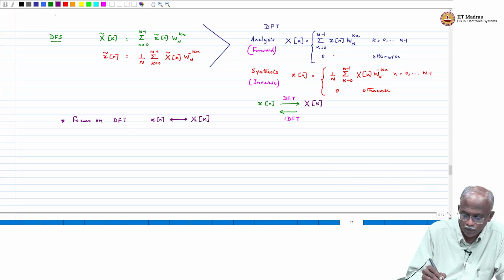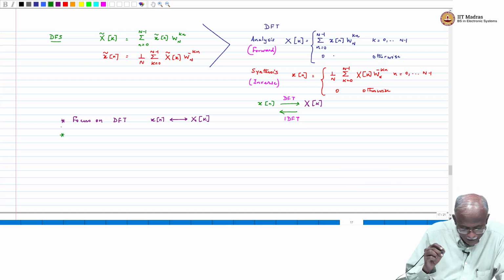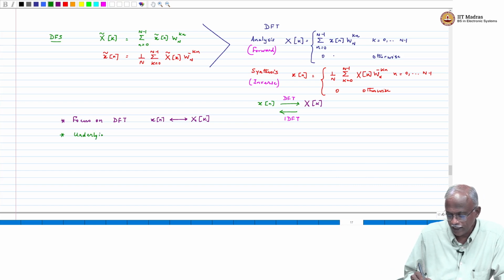Now, what we need to keep in mind is that there is an underlying periodicity. It's not explicit here. Where does this periodicity come from? From the fact that x of n is related to a periodic signal x tilde of n.